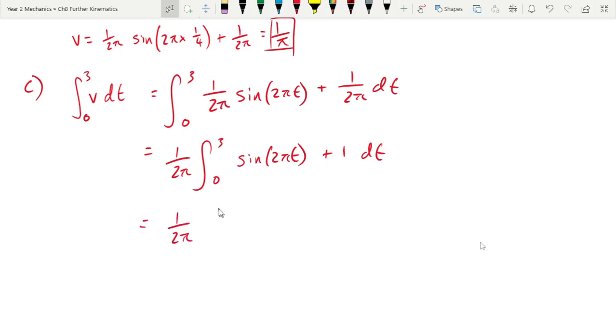Now to integrate this, sine integrates to negative cosine. So I'm going to get negative cos 2 pi t, and I also need to divide by the differential of this, so I need to divide by 2 pi. And if I integrate 1, then I get t. And it's still between 3 and 0, then I just need to substitute my limits in.